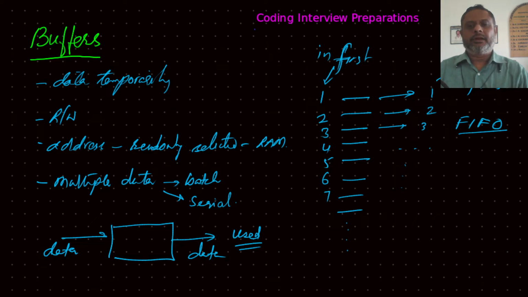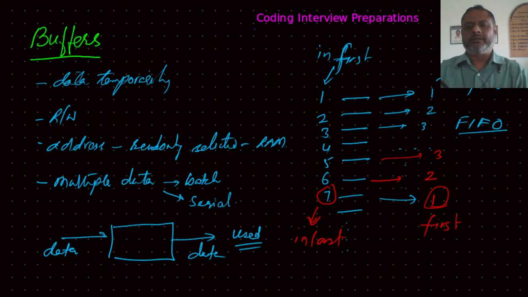So there is another possibility, where the last one comes out first, then the one before that comes out second, and then the one before that comes out third, and so on. Now what is happening here is this was the one which came in last, and this is coming out first.